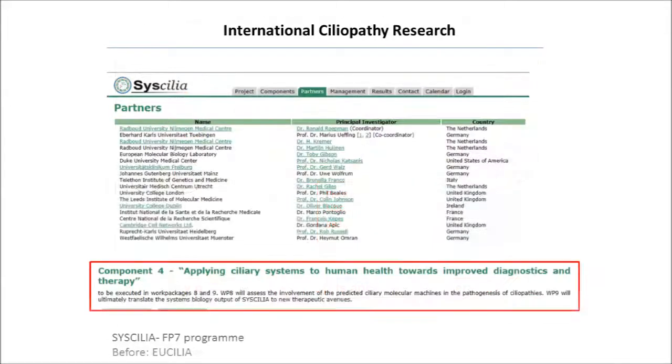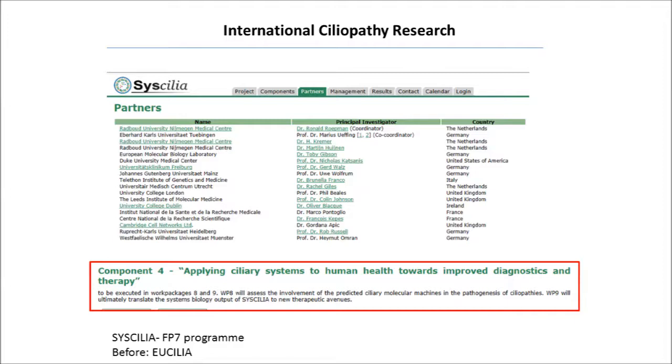So in total, there's lots of research going on in ciliopathy around the world, and there's one big European consortium, if you want, which is called Cilia, which in the program has a component of applying the research to human health. However, this is not maybe to the extent one would wish.